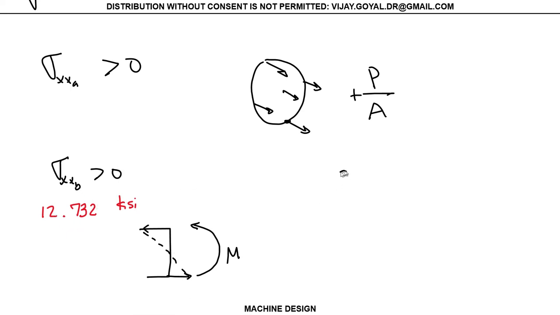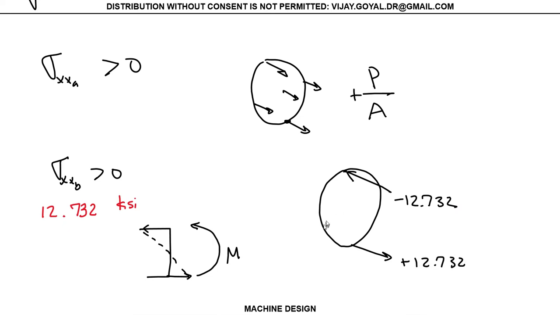So that means that when I do my diagram now, this value has to be negative, minus 12.732. This value has to be positive 12.732, and all others are completely zero because this is the neutral axis.